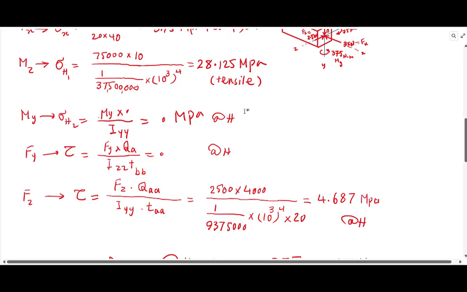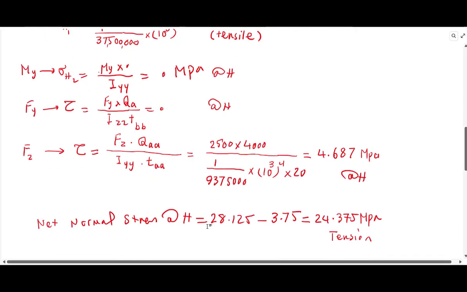Now you find the net normal stress, which is tensile due to the bending and compressive due to the uniform normal stress, and then you would have 24.375 megapascal in tension developing at point H.